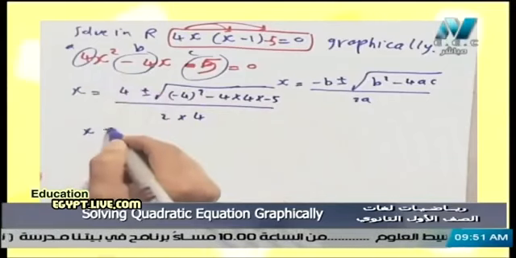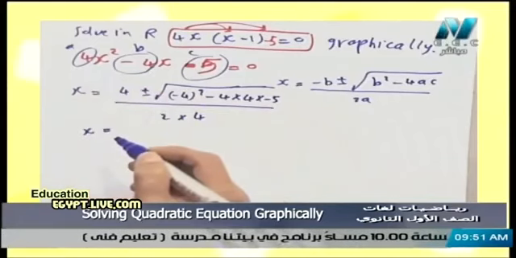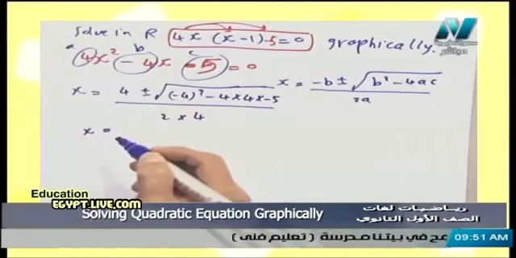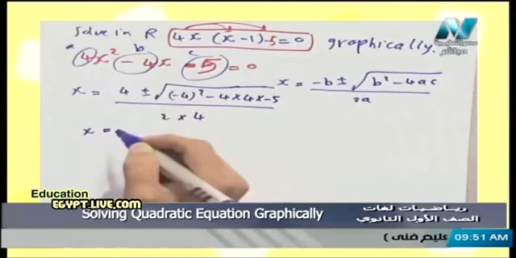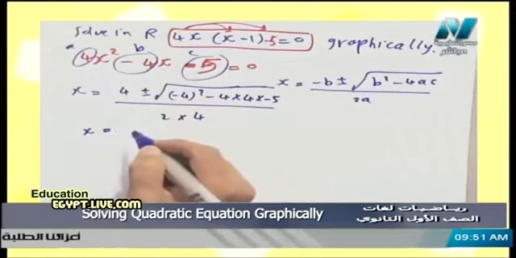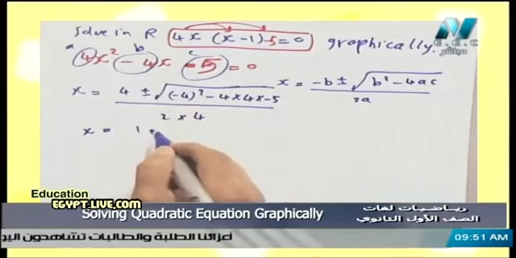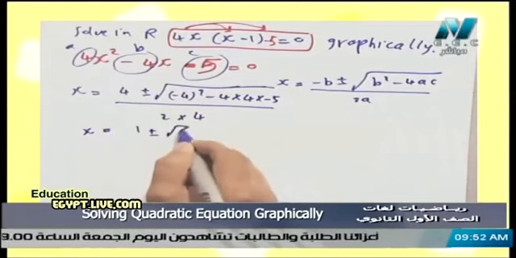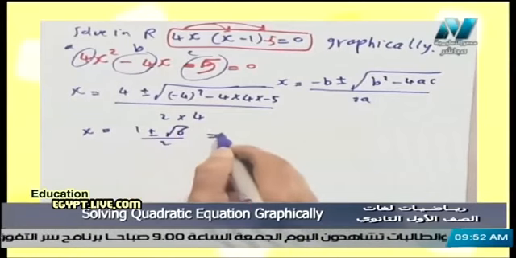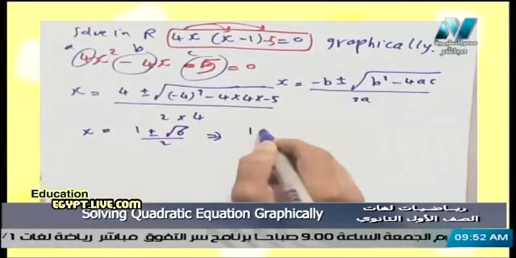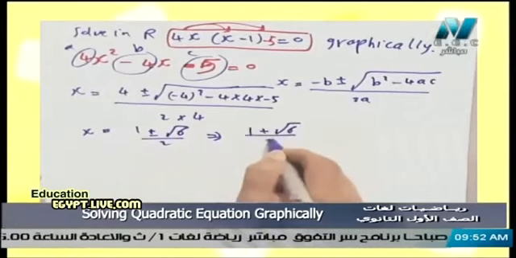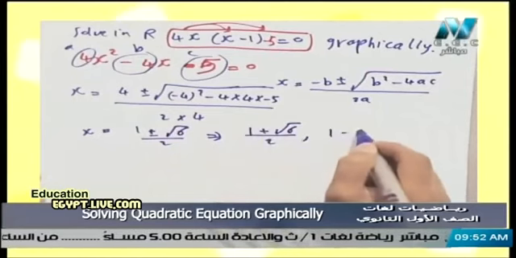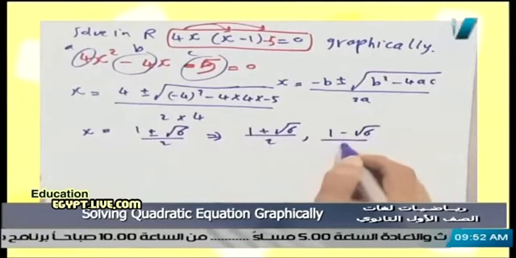And x here will be approximately 1 plus or minus square root 6 over 2. This means that 1 plus root 6 over 2, and the other solution will be 1 minus root 6 over 2.